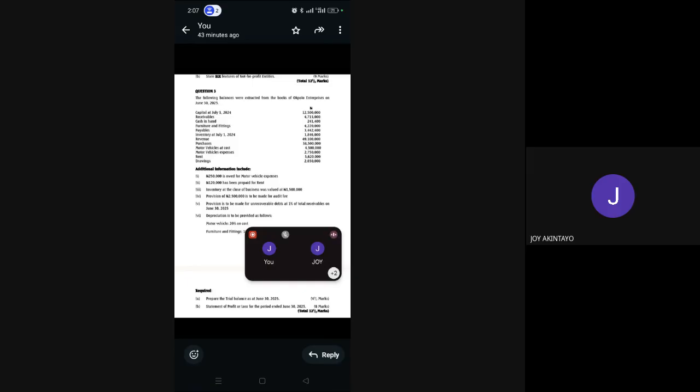Why? It is an asset. Which type of assets? Non-current asset. So how much? 4,500,000.